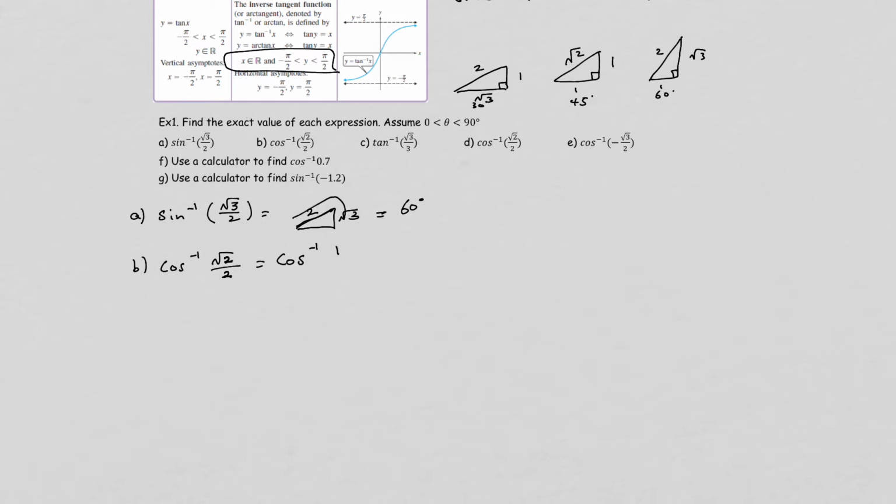So this could be the same as 1 over square root of 2, before you rationalize. And you know that cosine should look like that. So when you have a triangle, it should be 1 here and square root of 2 there. And that's going to be the 45 degree shape.